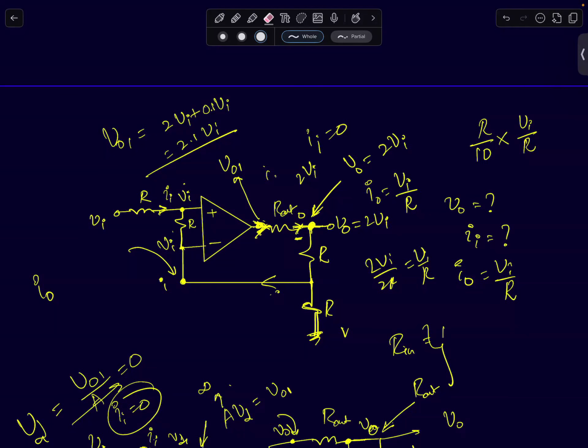All I'm trying to say is if you add a resistor in between, it really doesn't matter. If this op-amp is ideal, it doesn't matter at all. Even if I put a capacitor here, it shouldn't make any difference. If I ask you what is the current flowing through the capacitor, that will also be zero. So any resistance I connect between the two terminals shouldn't matter.